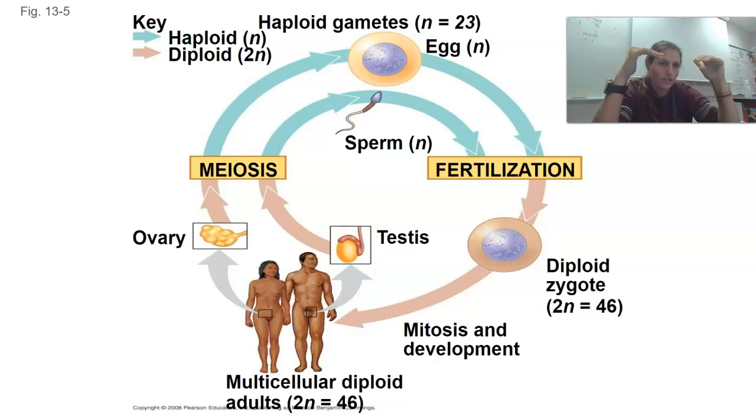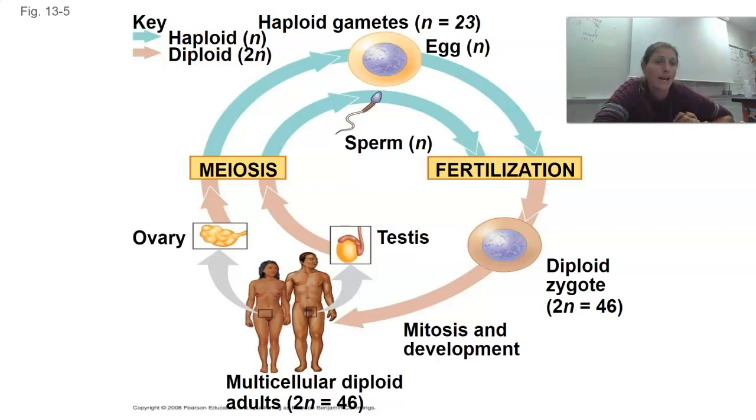Then we divide one time, we're back to 2N, and then we divide one more time, and then we're just N.